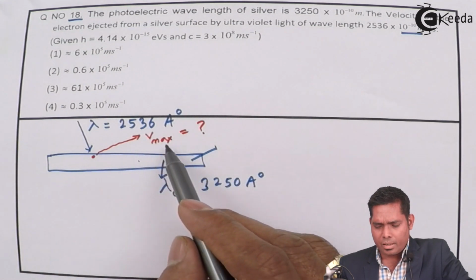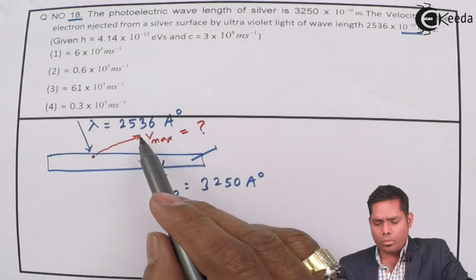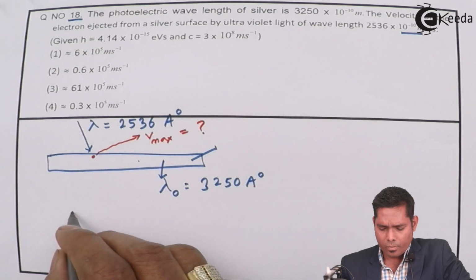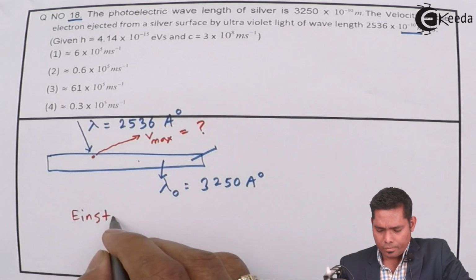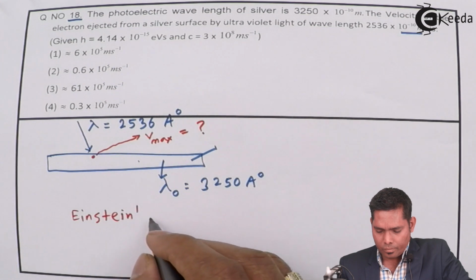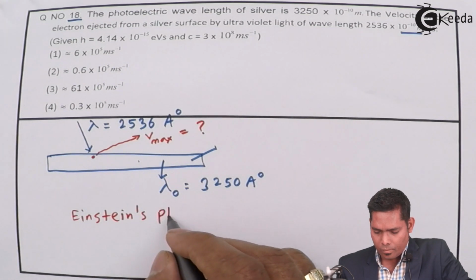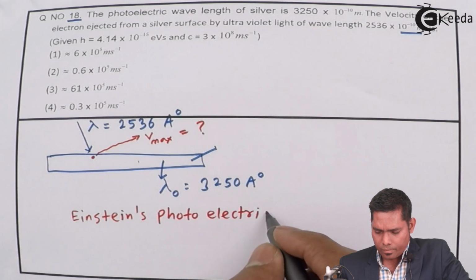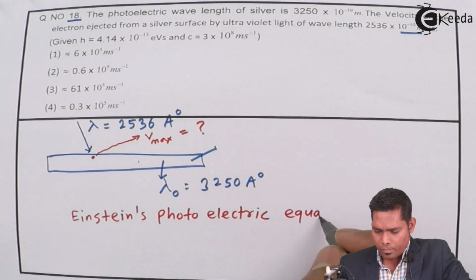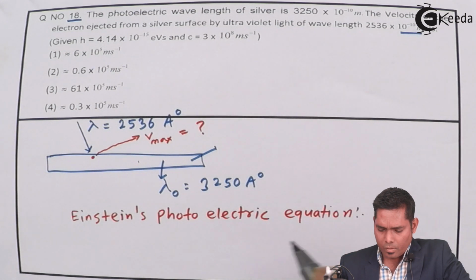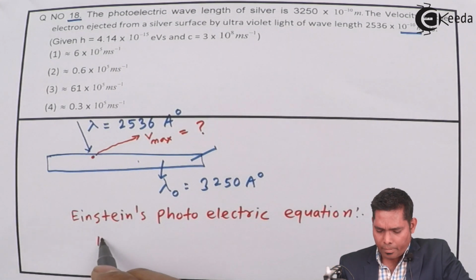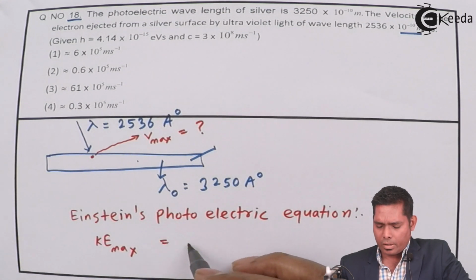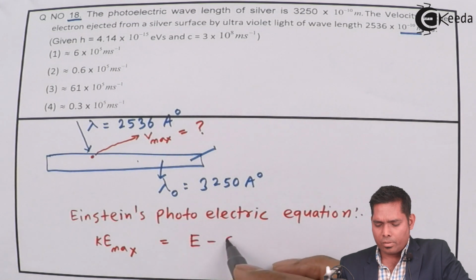To find this velocity, we have to write Einstein's photoelectric equation. The maximum kinetic energy of the ejected electron is the incident energy minus the work function of the metal.